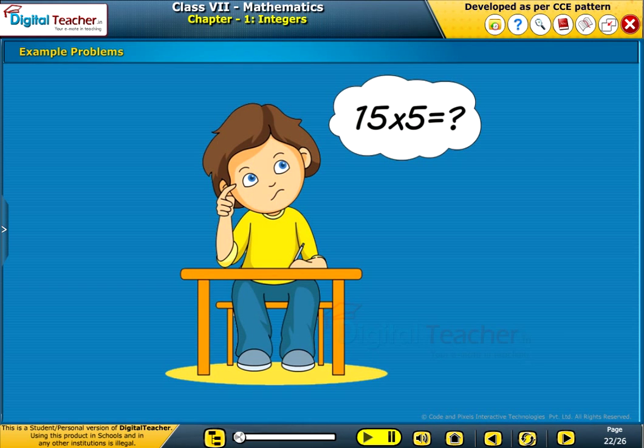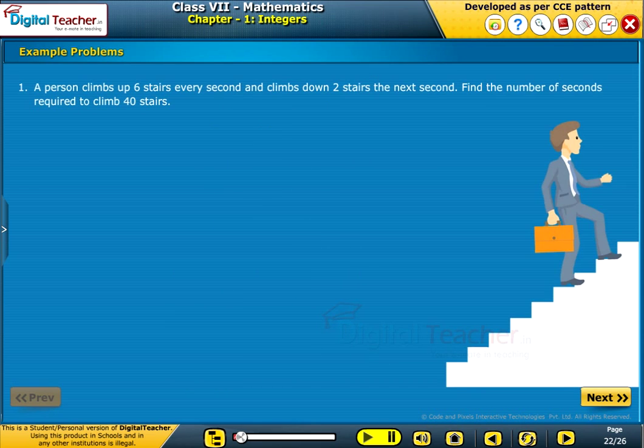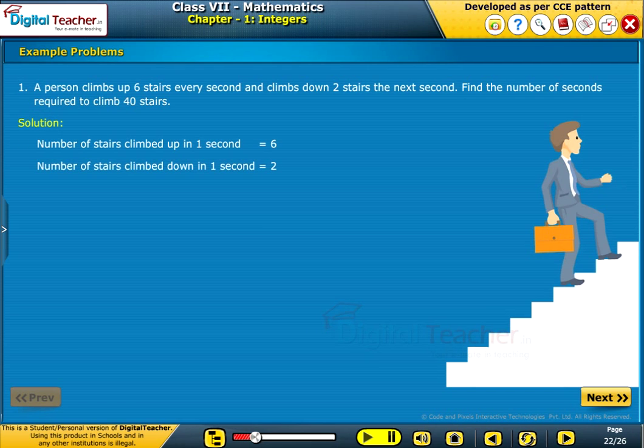Let us solve some example problems. A person climbs up 6 stairs every second and climbs down 2 stairs the next second. Find the number of seconds required to climb 40 stairs. Solution. Given number of stairs climbed up in 1 second equal to 6 and number of stairs climbed down in 1 second equal to 2. Total number of stairs are 40.